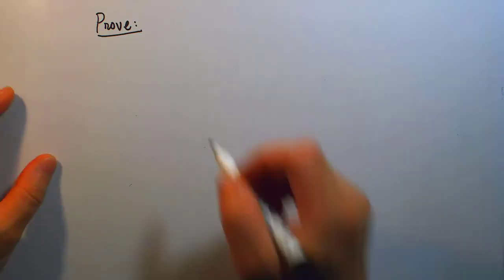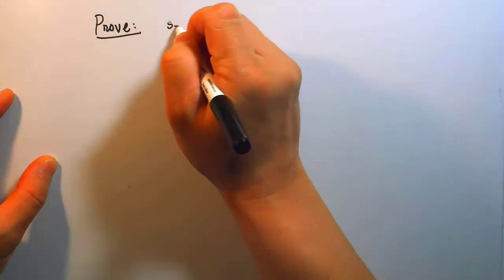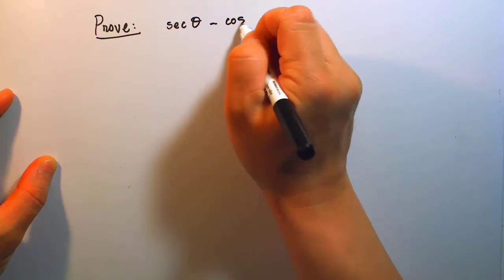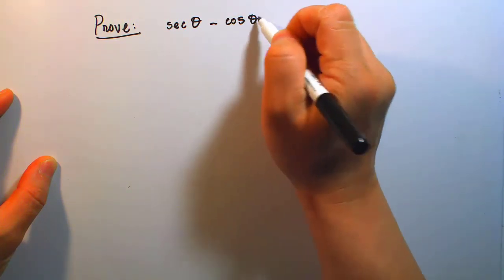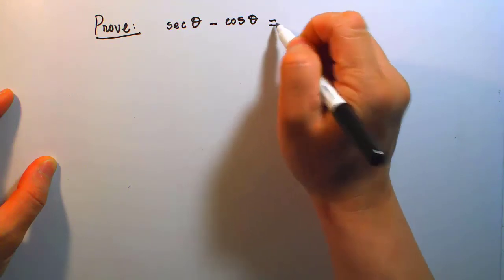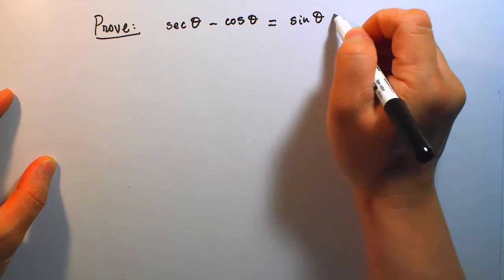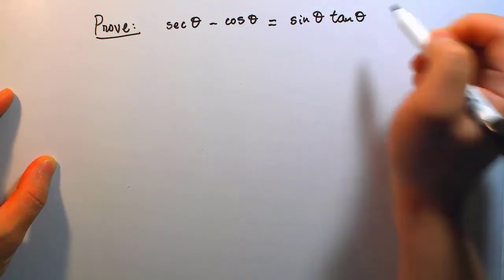I'm going to prove a different trig identity where we can learn a different style of proving an identity, not as common as what you have seen in the earlier part of this video, but it's also useful sometimes. Let's say we are going to prove the identity secant of theta minus cosine of theta, and we want to prove that it always equals sine of theta multiplied by tangent of theta.